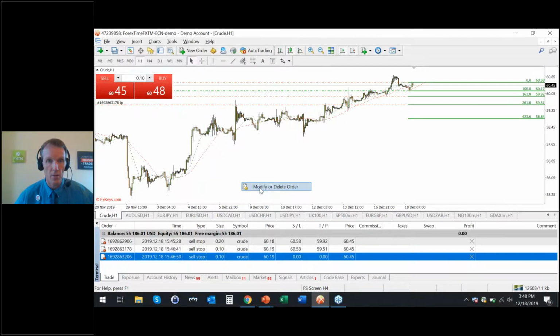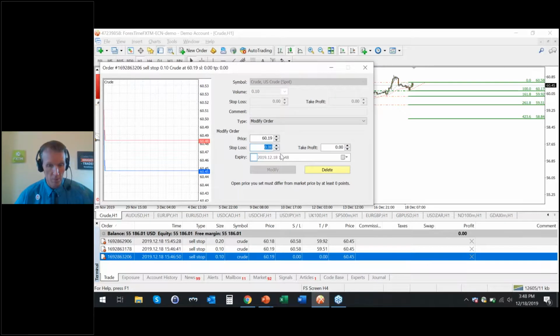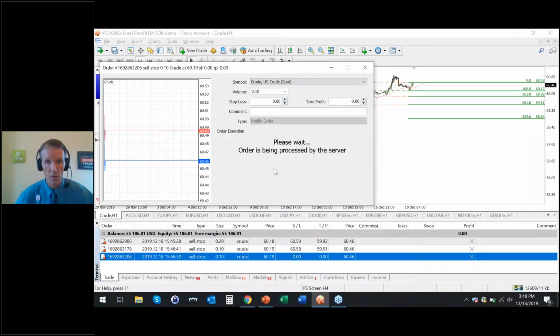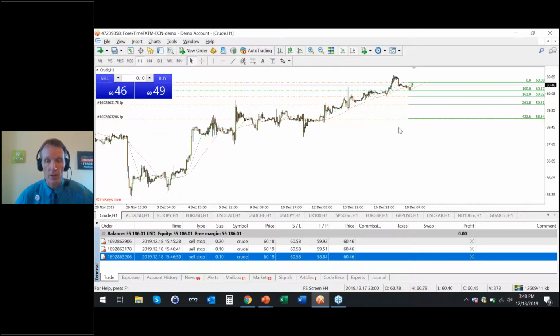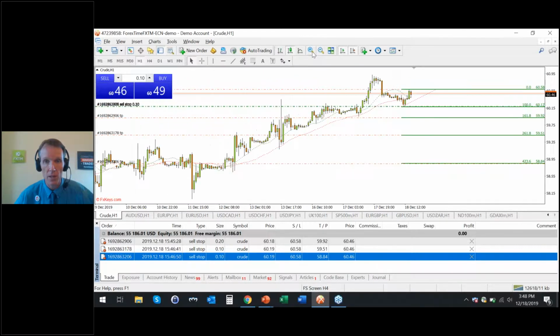And the third one, paste, and 58.84. So what have we got now? We can just leave and look 1, 2, 3 candles later. Either the market's going to breach that, then we just take out the trades, nothing's hurt. Or if the market passes below that point, let me zoom in a little bit.